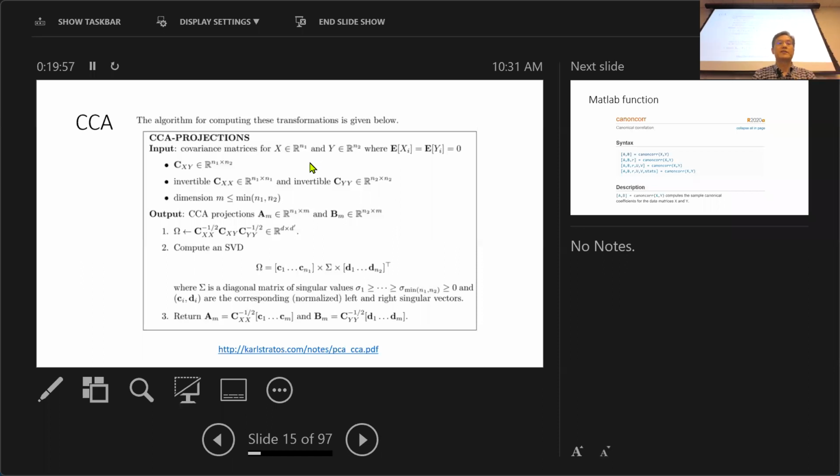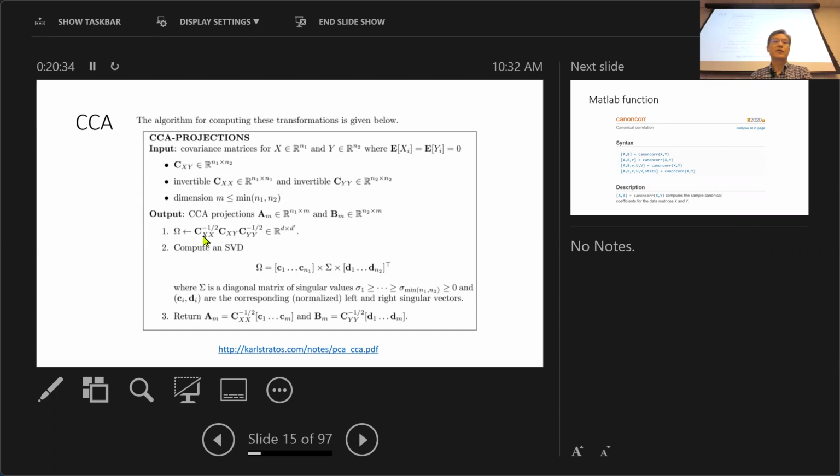And these are the major steps. You have the covariance matrix computed for X and Y. And before that, you do centralization. You have to always centralize your data. When you do the PCA, we have to centralize data and then compute the covariance matrix. The same thing here, but you just do this for X and Y, two different batches of data.